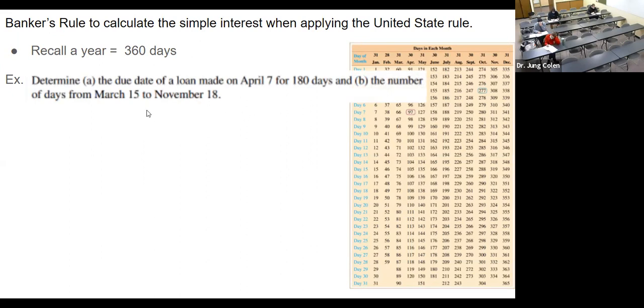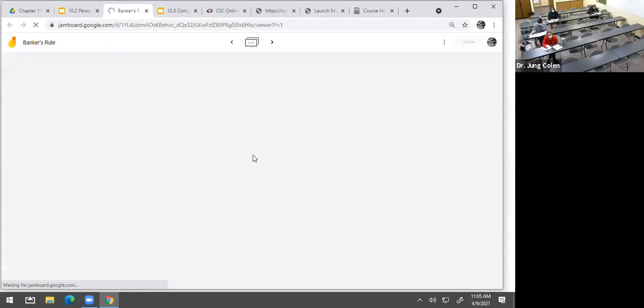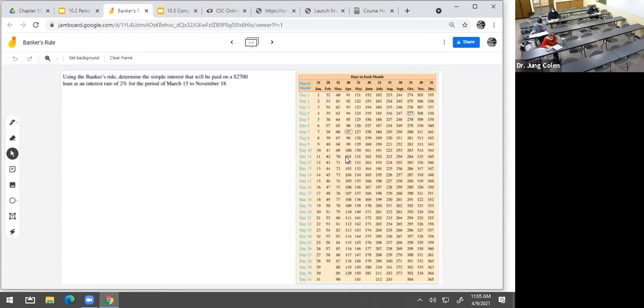For example, if you made a loan on April 7th, April is right here on your paper. Do you see that, April? And the seventh day, day 1, day 2, day 3, day 4, day 5, day 6, day 7. So April 7th is day 97, right? It's already marked off here with red color.